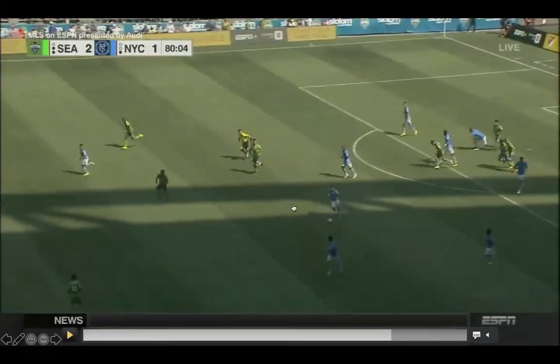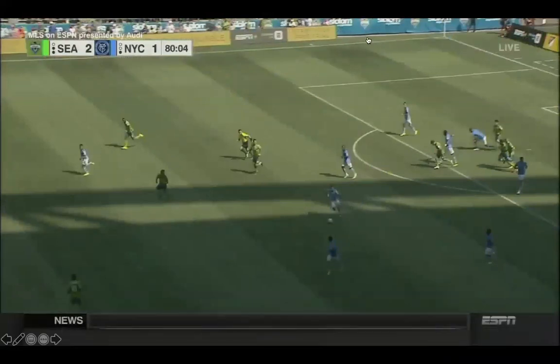So really an excellent piece of positioning and movement by the referee in and around the penalty area.